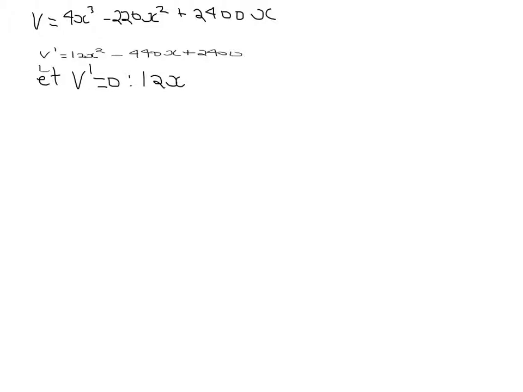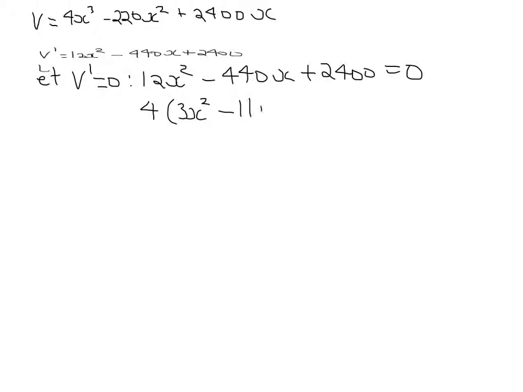So 12x squared minus 440x plus 2400 equals 0. Factorising that, I can take a 4 out. And I'm left with 3x squared minus 110x plus 600 equals 0.